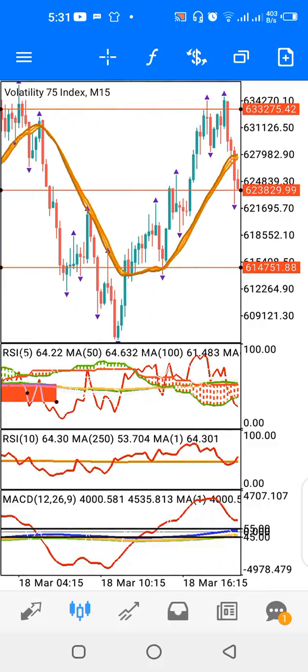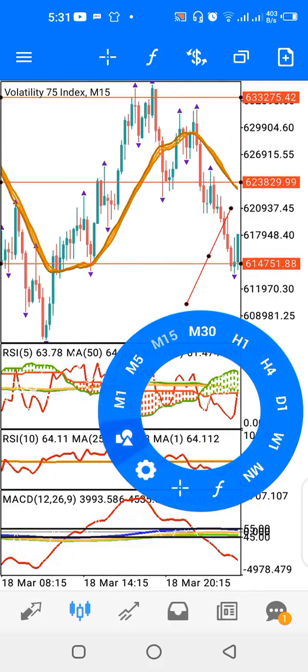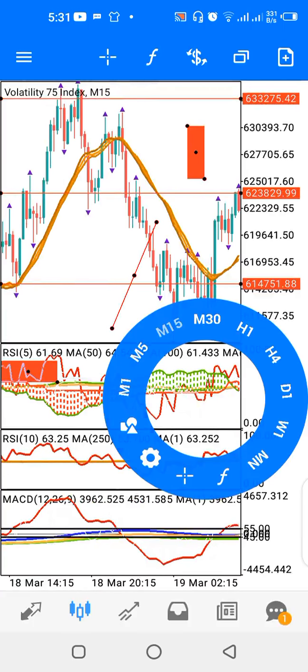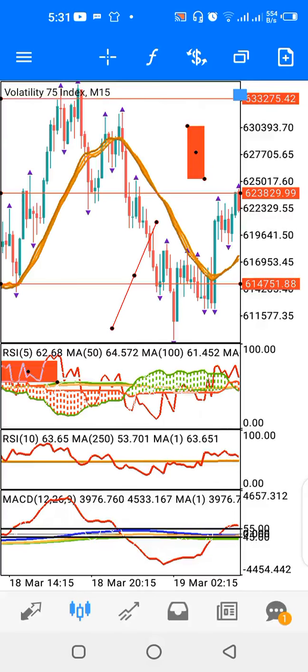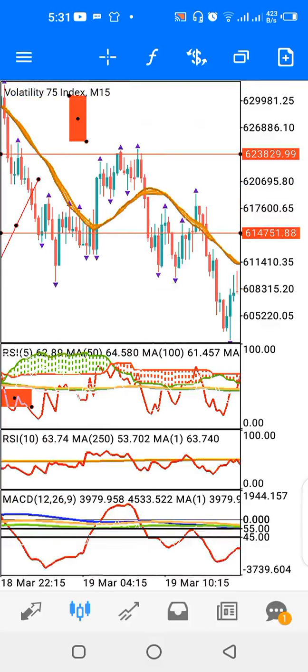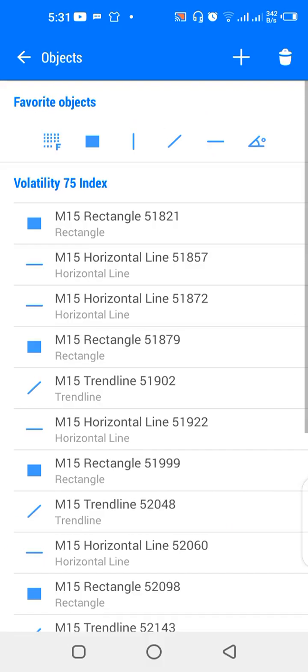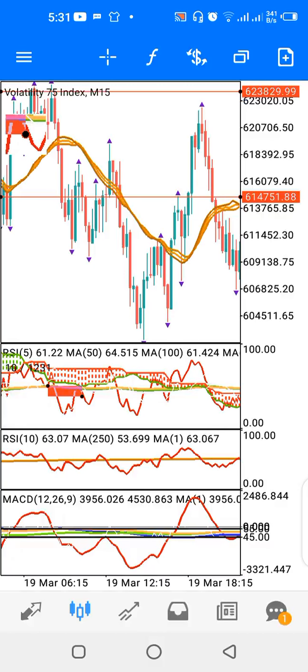Then this is a cross above for you to buy, a buy signal. And this is a cross below for you to sell. This is another cross below, when it just peeps out below all indicators, I mean the moving averages and the Ichimoku.